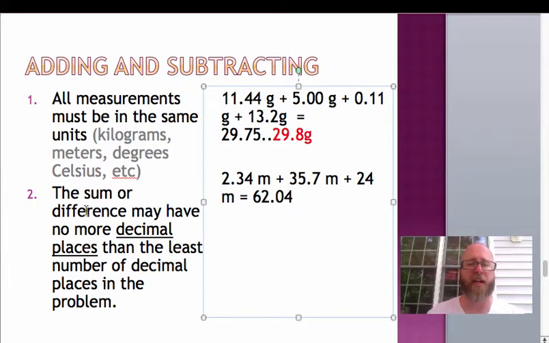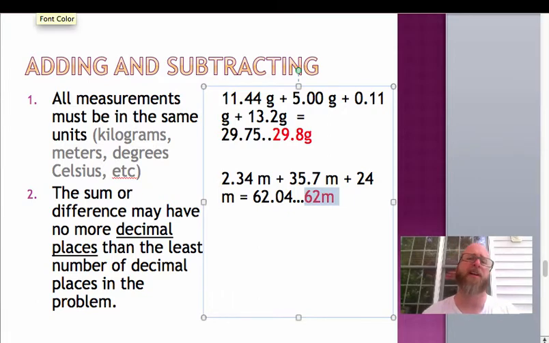Remember, when we're adding and subtracting, the answer can have no more decimal places than the least number of decimal places in the problem. So if we look at our numbers, we see that 24 is a whole number, so there's no decimal places. There's not even a decimal in the number, so that means that our answer cannot have any numbers after the decimal point. All right, so this was pretty easy. It's just going to be 62, and of course we're in meters, so 62 meters. Can't ever forget our unit of measurement. So there we go. There's our answer there.